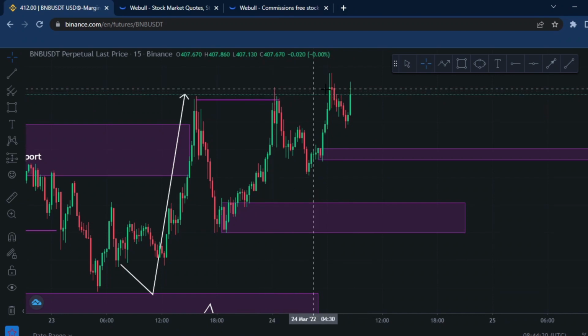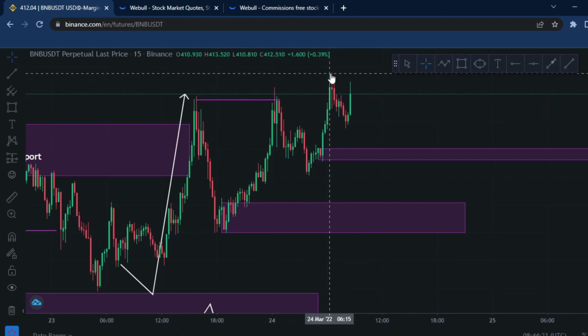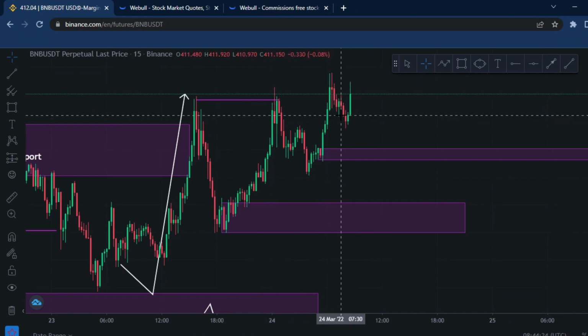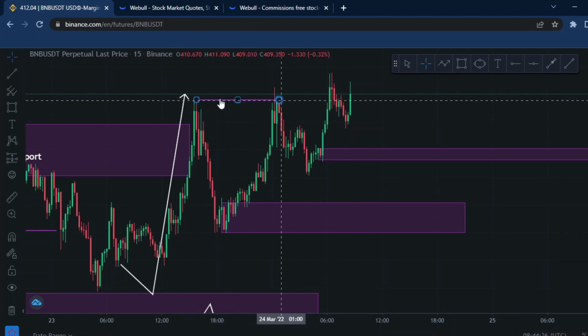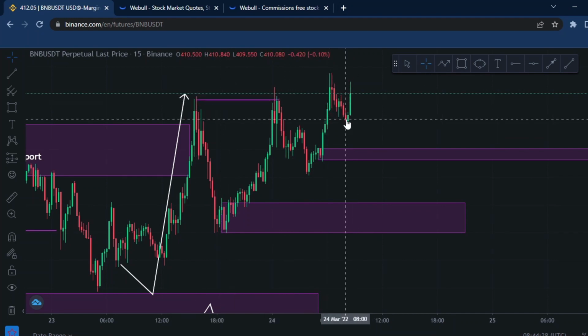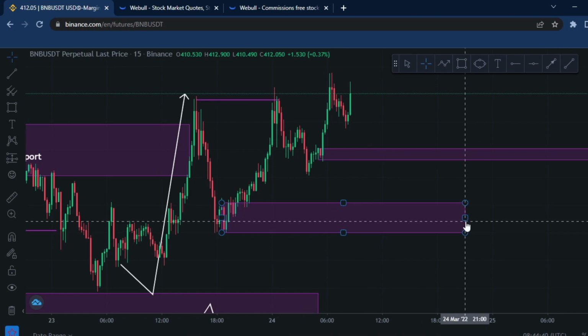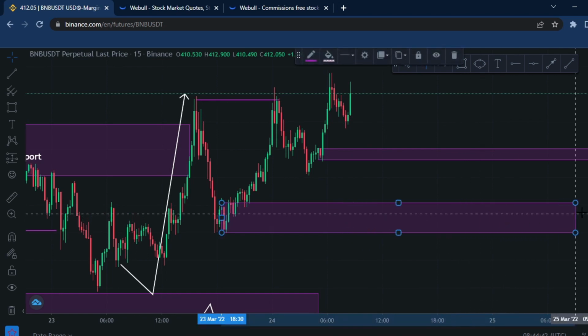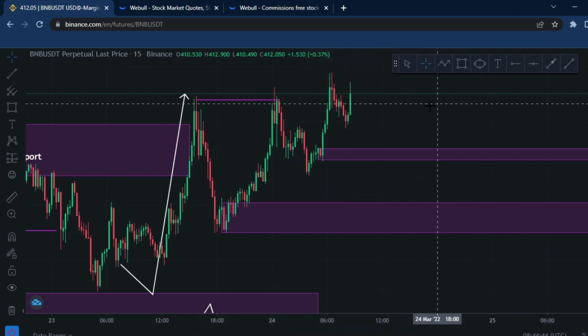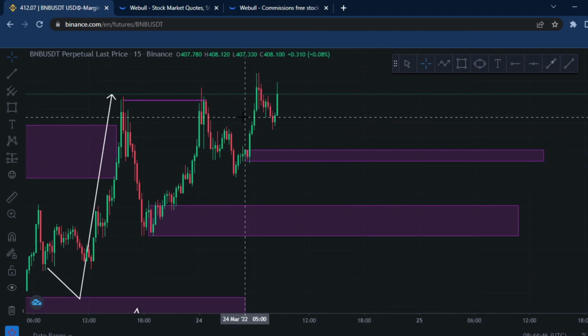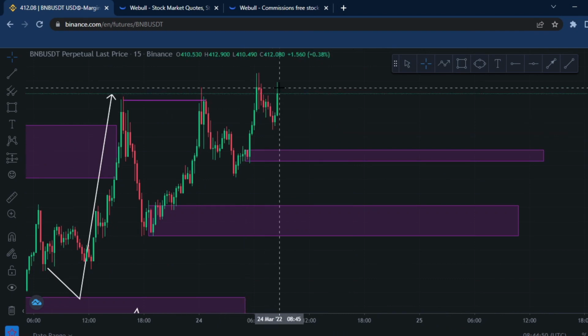Then the other thing, now as we get this pullback here, and then we are passing this level, so this one also becomes significant. If you don't get it, just keep watching my videos, because you'll get used to the style.